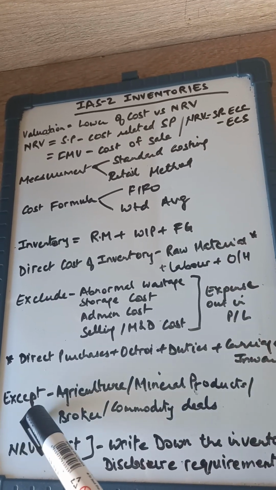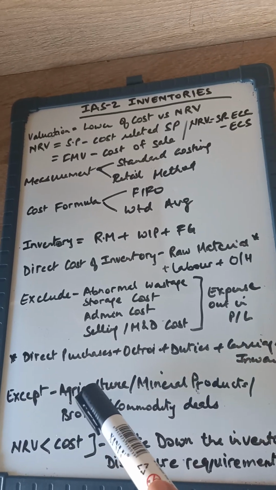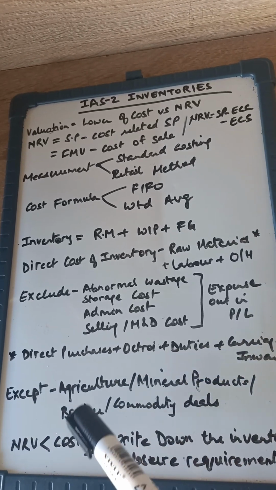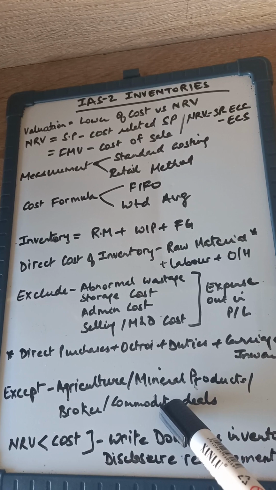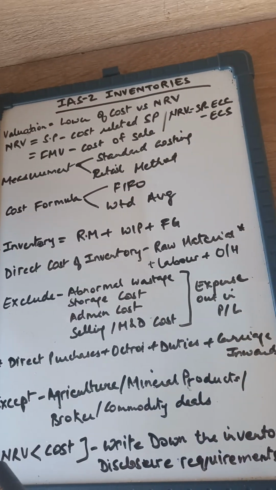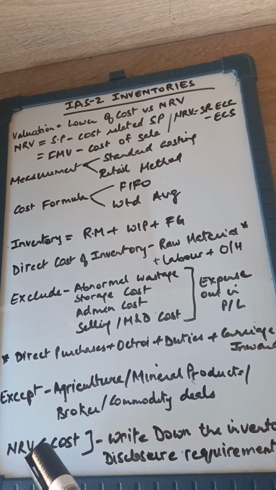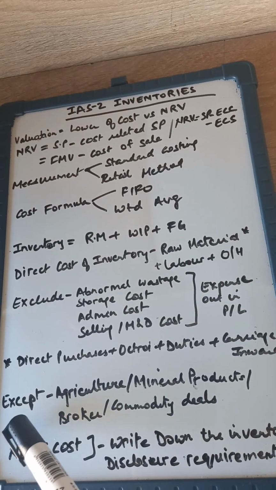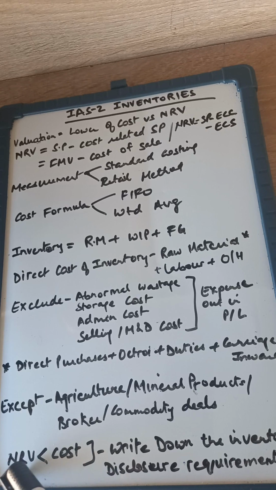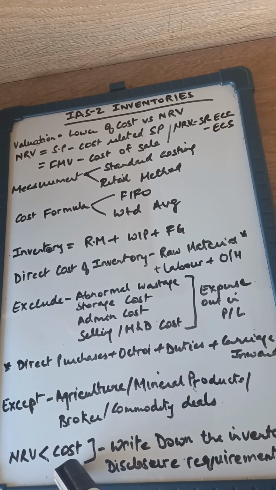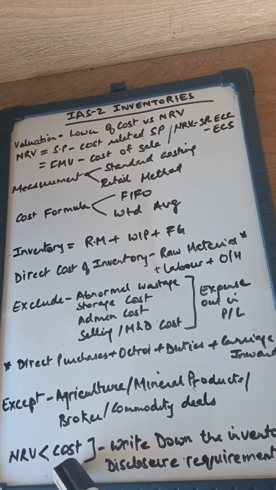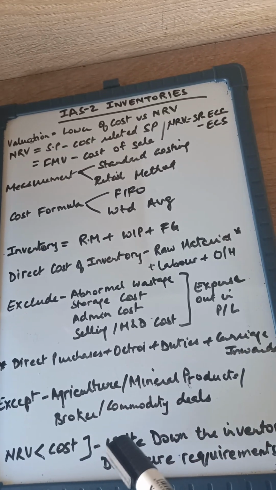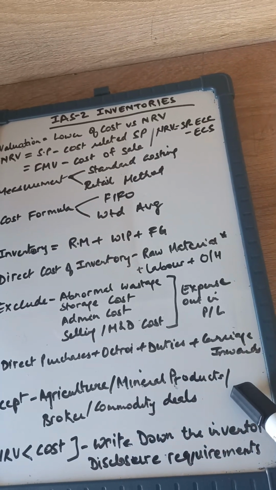IAS 2 is not applicable in agricultural products, mineral products, brokerage or commodity deals. At a time when net realizable value is less than its cost, meaning the realizable value from selling that inventory is lower than the cost of that inventory, which means that you are running in a loss, then you write down the inventory.